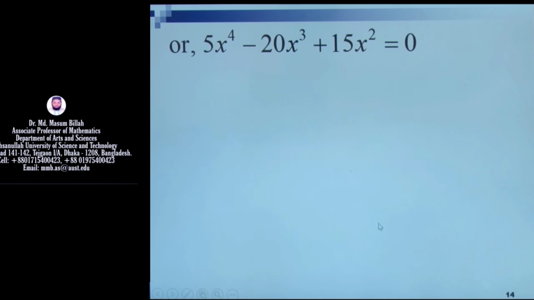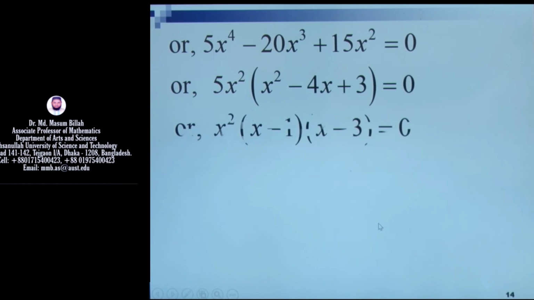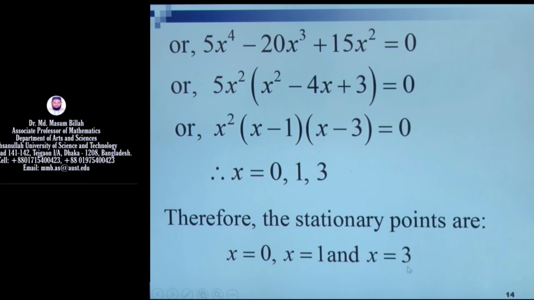Now we can solve this equation. Here we take the common term 5x squared, then factorizing, we get x minus 1, x minus 3, and we have x equal to 0, 1 and 3. So there are 3 critical points here: x equal to 0, x equal to 1, and x equal to 3.